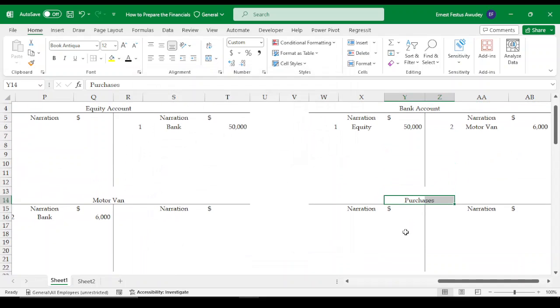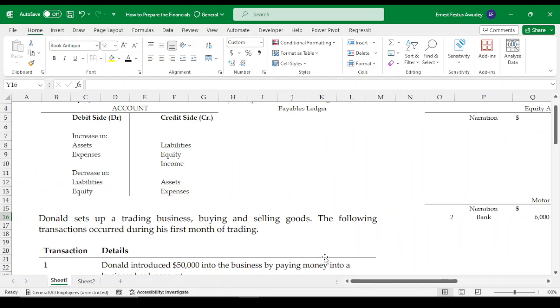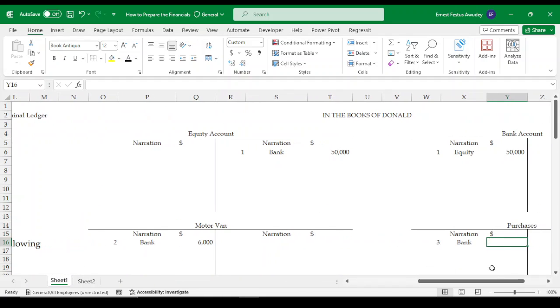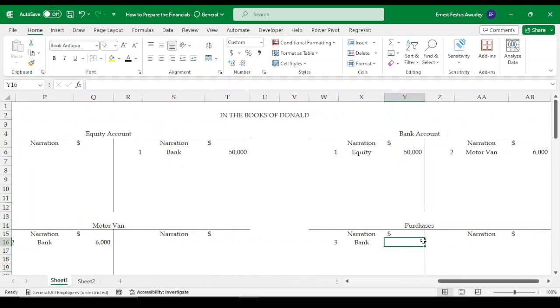The transaction is going to be recorded here on the debit side, because our inventory is increasing, the purchases has increased. Therefore, I'll have my 3. The narration is going to be bank, and the amount involved is 3,000, I guess. So I'll write my 3,000.